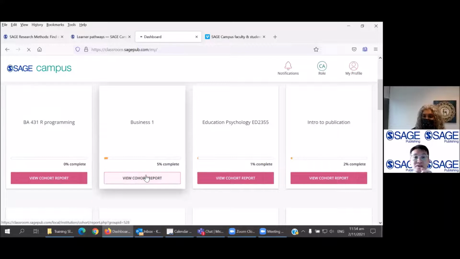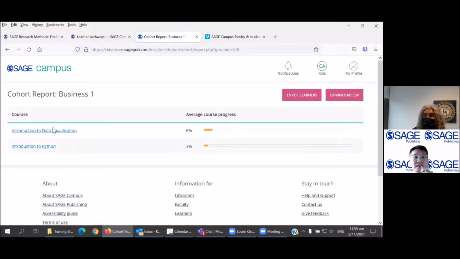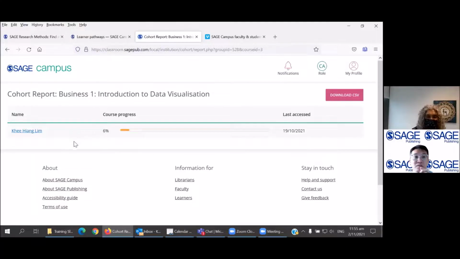I just view the cohort report. You can see that there are 2 courses here, one of which has already progressed up to 6%. I can go into the course, and from here, I will know that, because I haven't assigned it out yet. If there are any other students here, you will be able to see that all the students' names will appear here with their progress. What the courses are? It's as simple as that.